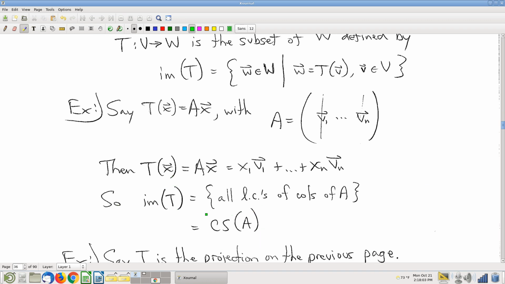You might have wondered back in chapter 2, who cares about the column space? When is that going to matter at all? In what sense is it natural to be interested in the span of the columns of a matrix? We have an answer to that question now. The reason it matters is that the span is this very natural thing called an image of this very natural function representing the matrix.